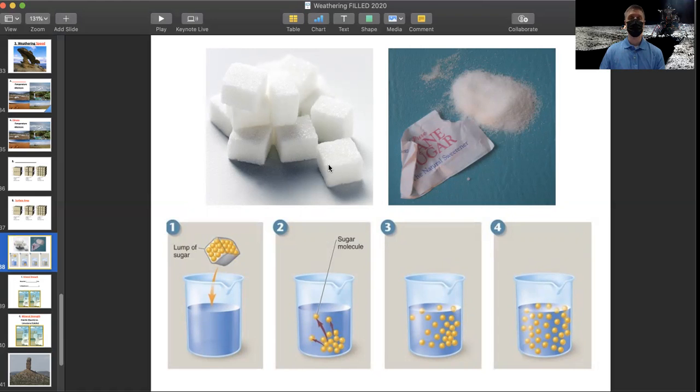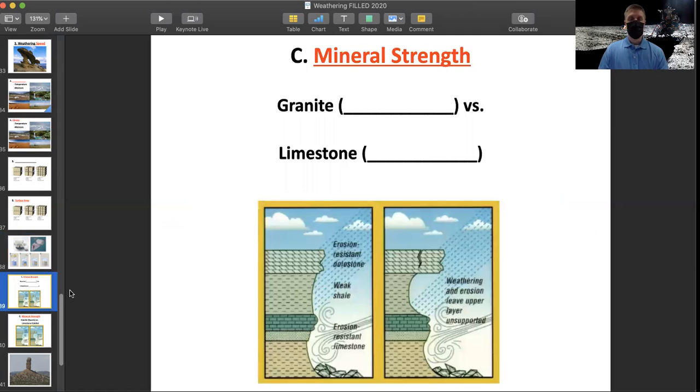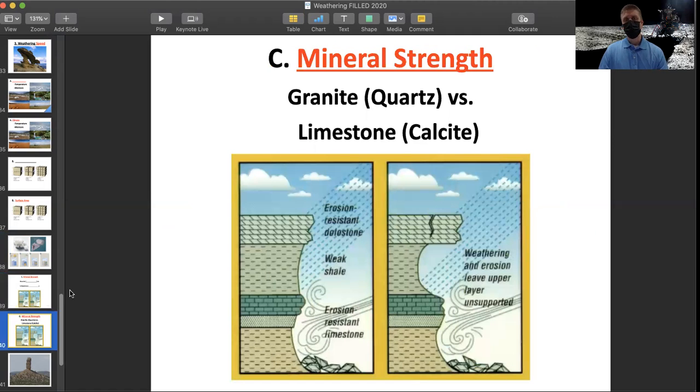With the sugar cube, water's going to have to soak through all the sugar on the outside until it can get to the sugar in the middle. So again, the more area that's exposed to the environment, the faster weathering takes place.